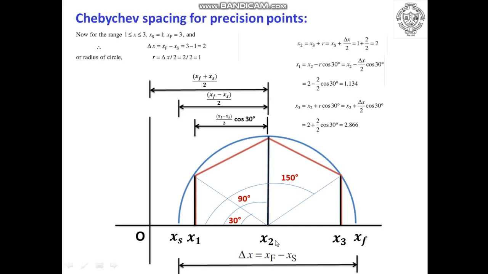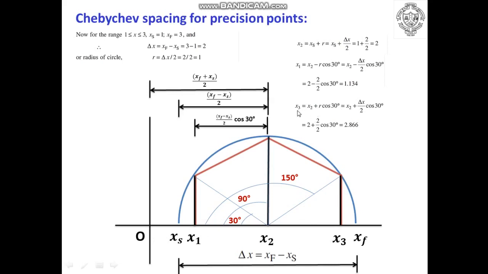So if you consider the distance between x2 and x3, which is again the projection of this r on the x-axis, which is inclined at 150 degrees from this side, and if you consider the angle from this particular side, it is the same as 30. So let us consider it to be r cos 30, since we have to take the addition of x2 and the distance between x2 and x3.